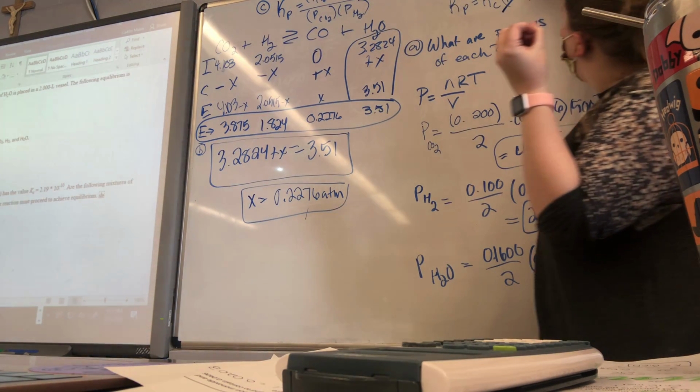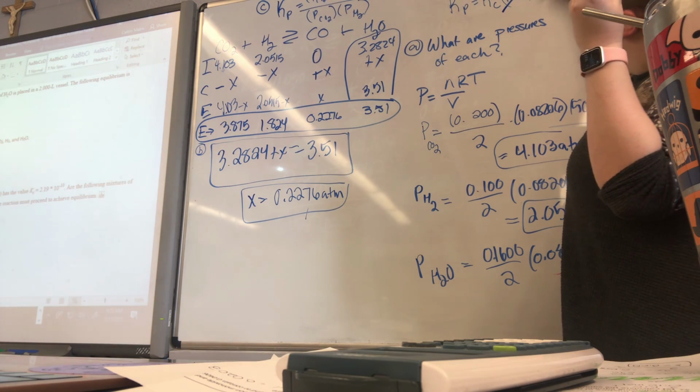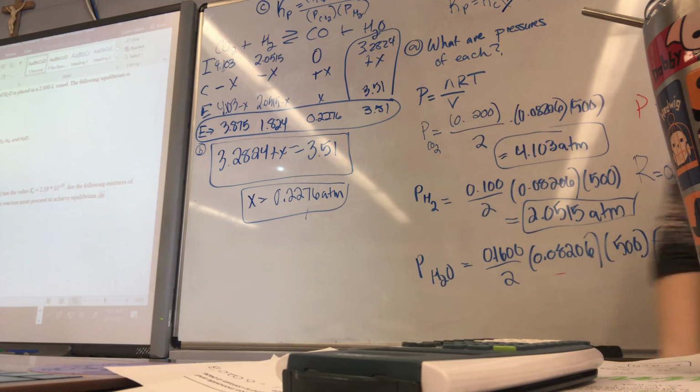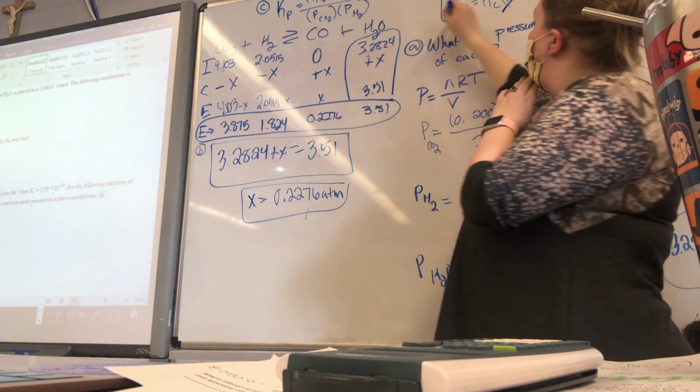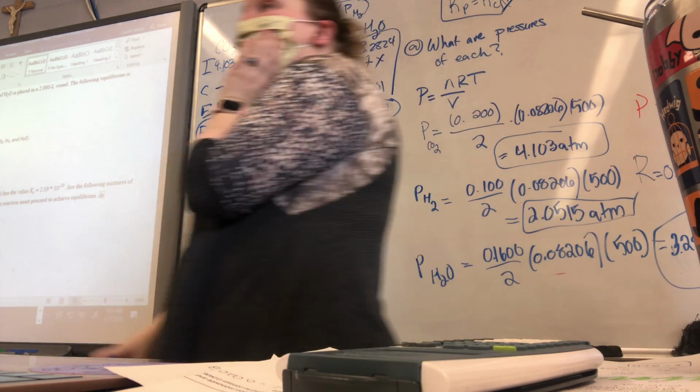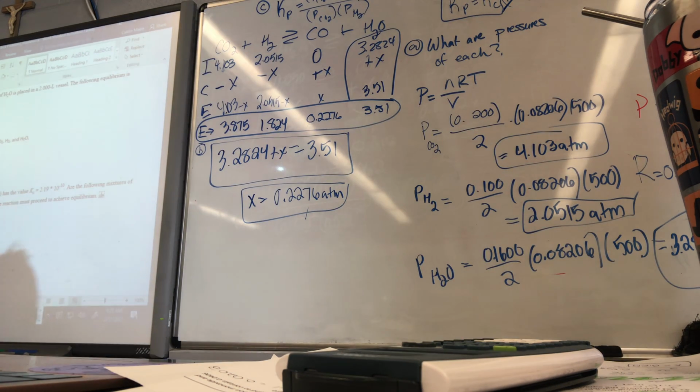So what does that mean? This becomes, oops, not 0, 1. Anything raised to the power of 0 is a 1, right? So Kp and Kc are equal to each other. Okay? New application of equilibrium. I know the pressure thing can be kind of confusing.